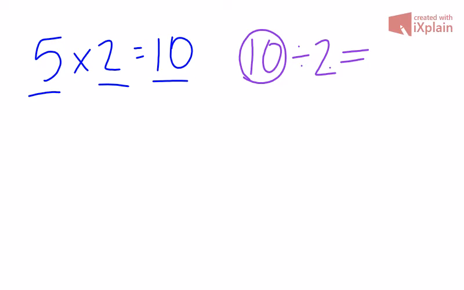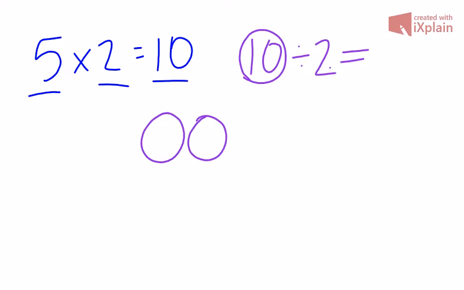So let's figure this out. I take 2 groups, and we know by looking at the screen it's going to be 5. But teaching the children how to do this, you would have 2 groups, and you would put 1 tally mark or 1 dot in each group until you reached your total, which is the number that's circled, your 10.